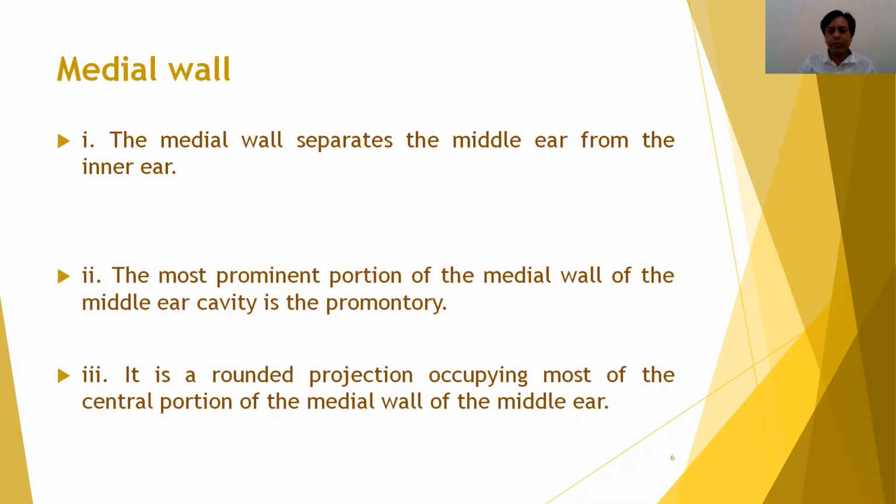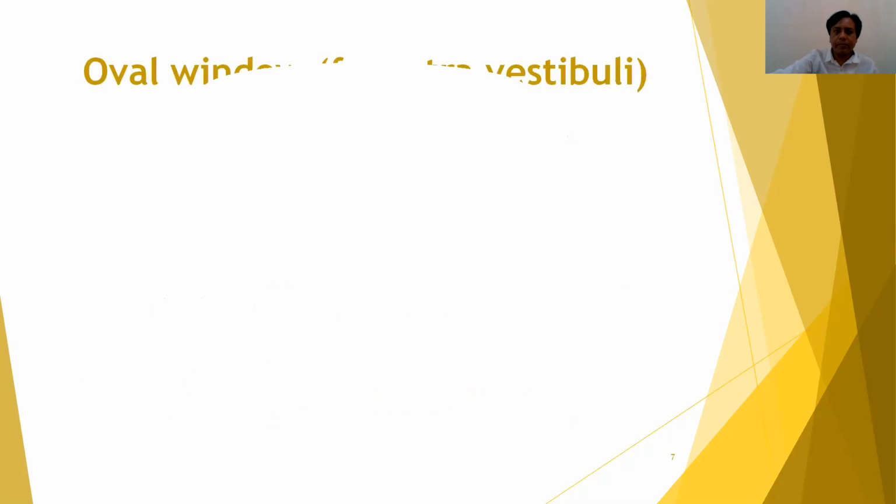It is a rounded projection occupying most of the central portion of medial wall of the middle ear. Then oval window, that is also known as fenestra vestibuli.